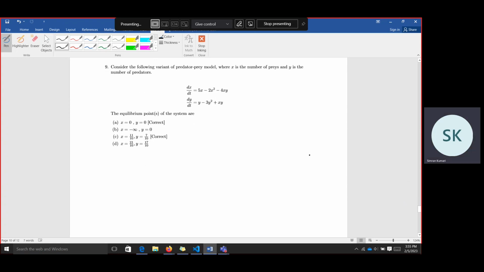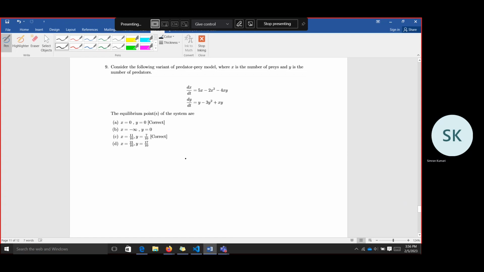So we have come to the predator-prey model, where X is the number of prey and Y is the number of predators. We have to find the equilibrium point. What is an equilibrium point? If the system is in that state, it will remain in that state. The change in the dynamics will be zero.